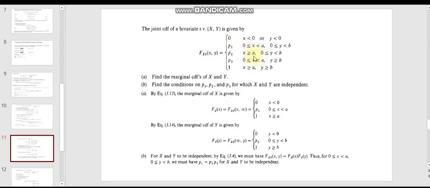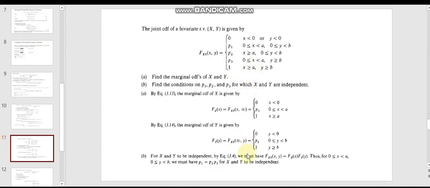Here when x is greater than a, we will put this as infinity. So I will get, incorporating x equal to infinity in this equation, the marginal CDF of y. I mean when x is greater than a, we will put a equal to infinity.